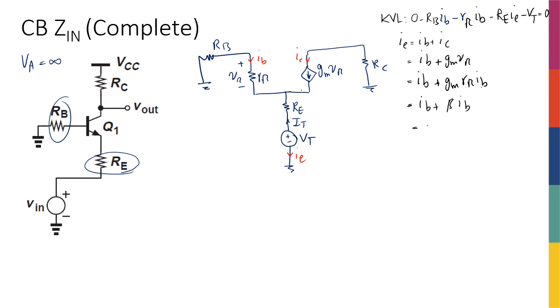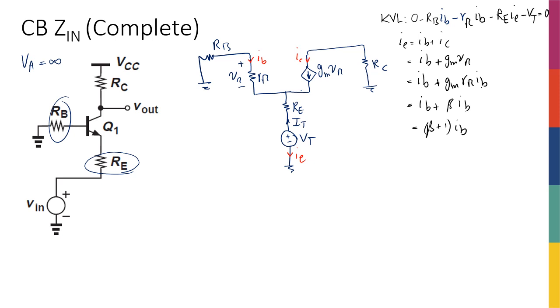So it's equal to beta plus 1 times IB. I could have guessed that anyway. I know that emitter current for a transistor in the active region is beta plus 1 times base current. But that was something we knew for DC, so it would be nice to actually see it for the small signal as well.